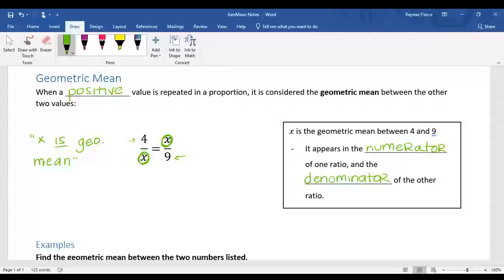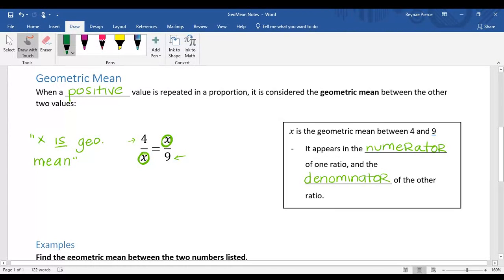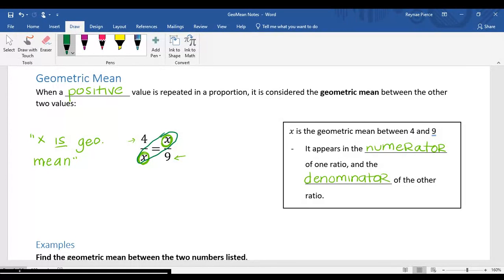Now, solving these geometric mean proportions is just like solving any other regular proportion that we've done in the past. We cross multiply. The only thing that we need to pay attention to is x times x is actually x squared. 4 times 9 is 36.